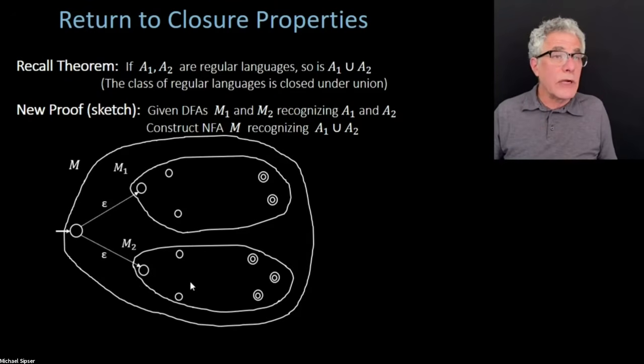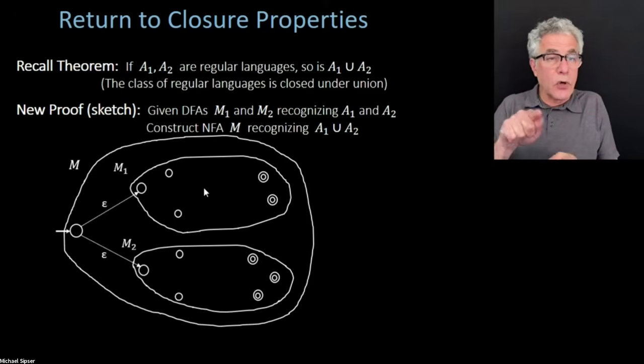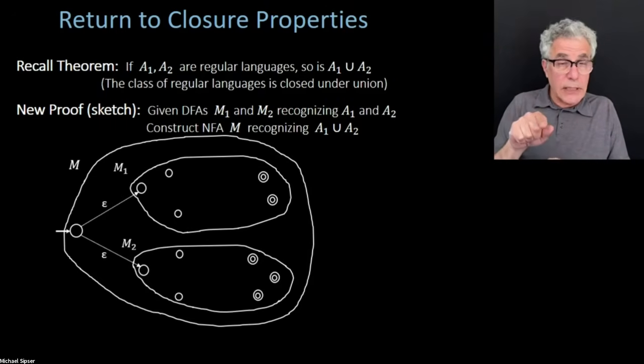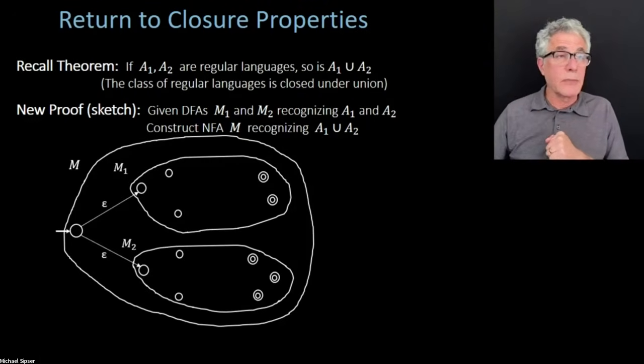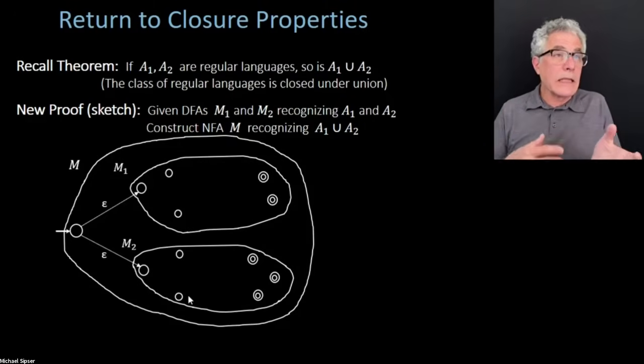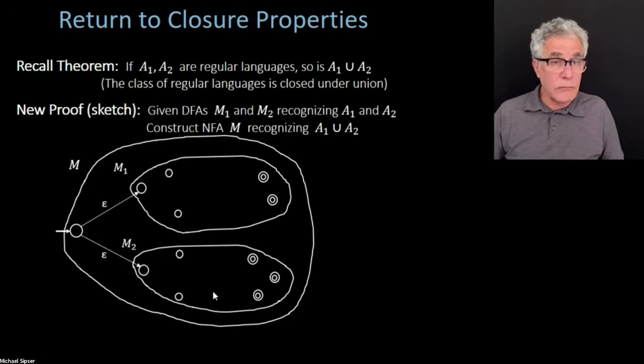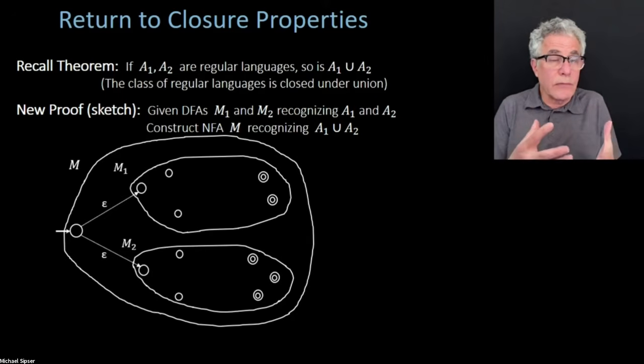And then inside M1 and M2, it's going to actually start reading the input, and each one is going to be following along as it would have originally, through the states corresponding to reading those input symbols. And M, as a combination of M1 and M2, is going to have a possibility for one state in M1 and one state in M2.